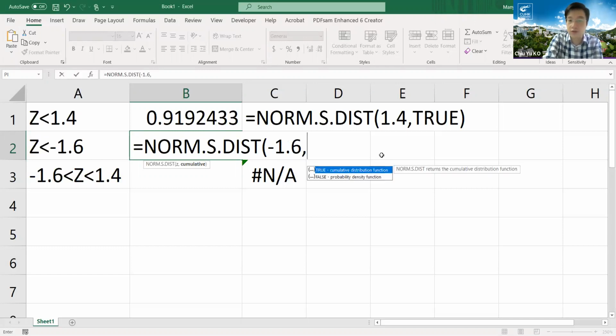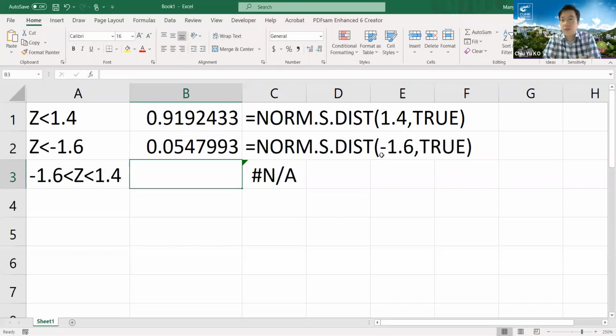I think you can download from the CHK website the Google spreadsheet, but let me check if Google has it. What's the difference between true and false? It's always true for our calculation. The false actually calculates the density function.